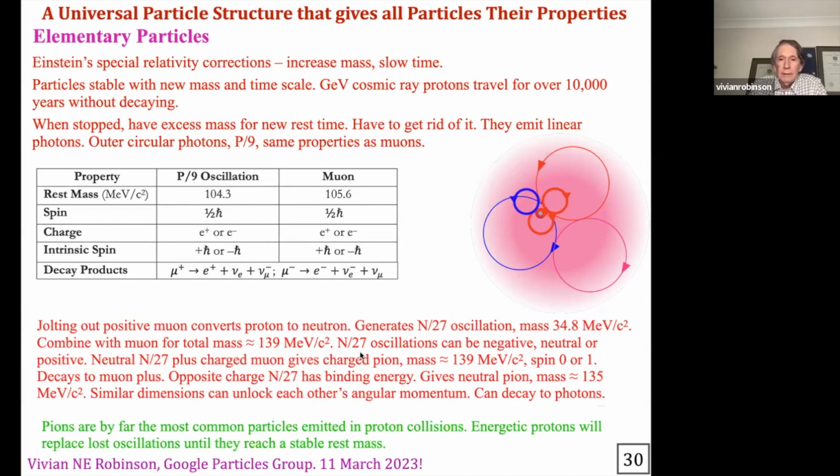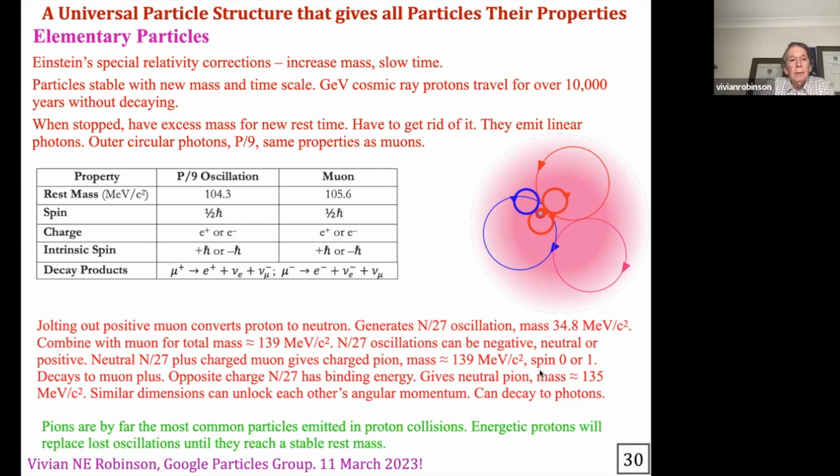Now, the 27 oscillations can be negative, neutral, and positive. I mean, you've got to have everything going on when the nucleons collide with each other at very high energies. If a neutral 27 attaches itself to a charged muon, there's not much binding energy there, so the mass stays at about 139 MeV per c squared.